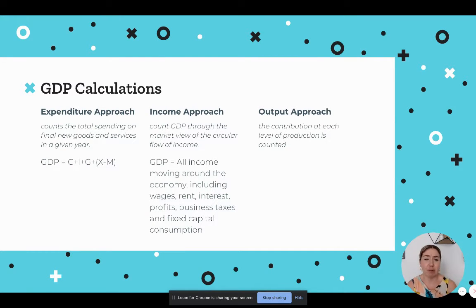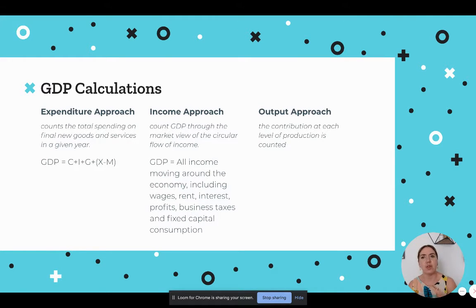The alternate way of looking at it, another way to calculate it, is to use our income approach. So instead of considering the spending and the investment and the government spending, this is where we look at all of the income moving around that flow. So income for the factors of production, our rent, our wages, interest, profits, and we add to that business taxes because those taxes reflect output that's not already counted, okay?